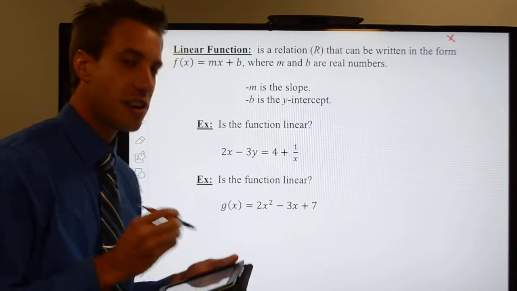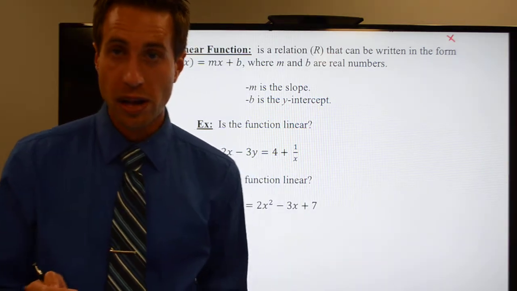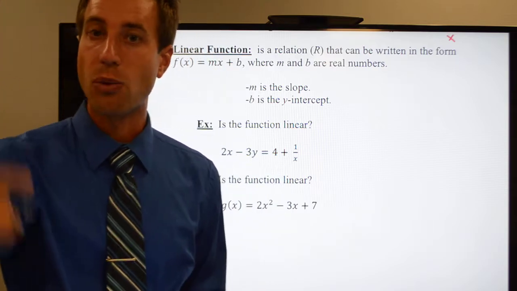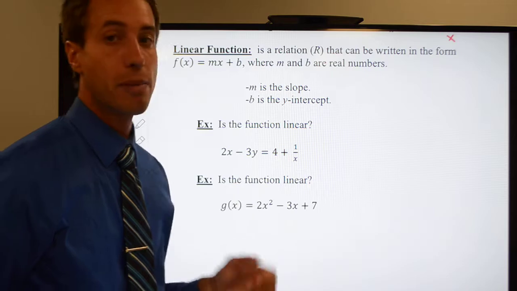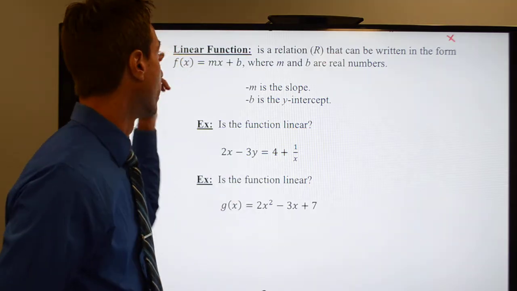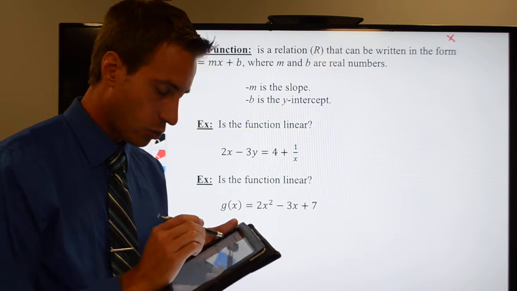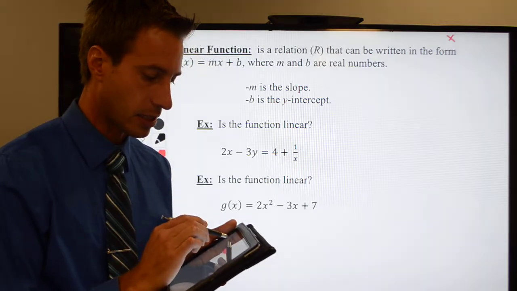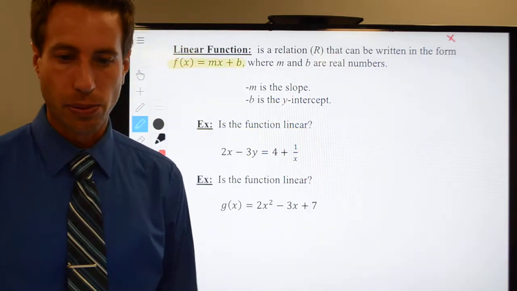What we've got is another way of representing linear functions. There is more than one way. The way I gave you above, ax plus by equals c, is our standard form. But you should remember from Algebra 1 this form as well. This one right here, which is y, or well, f of x. Remember, they mean the exact same thing. F of x is y. y equals mx plus b.